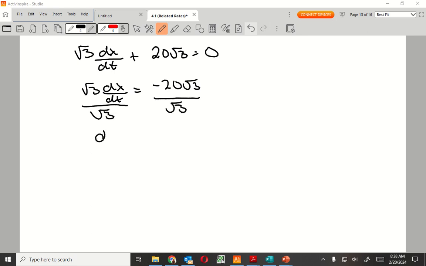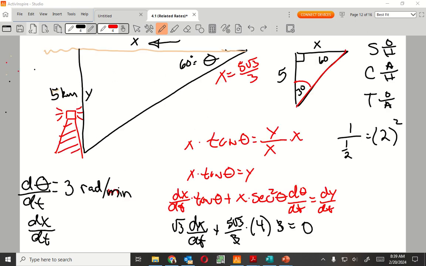So dx dt is equal to negative 20. What are my units? It's kilometers, because we can't go by the d theta, since that's a rotation and not the same units as x.